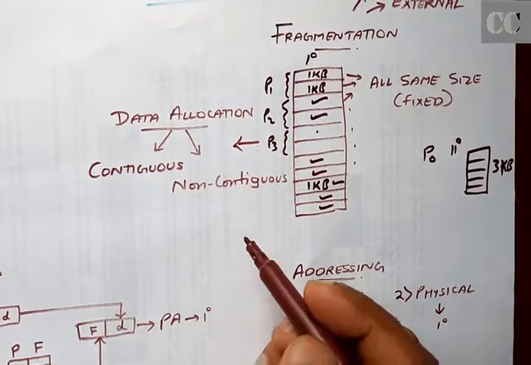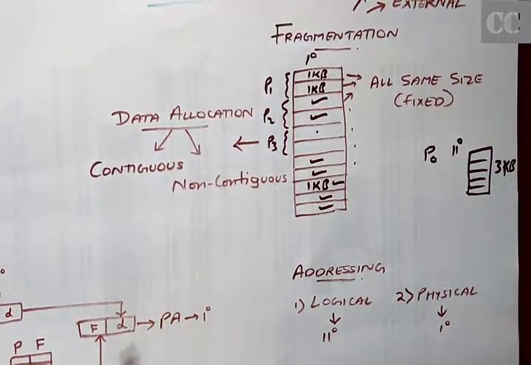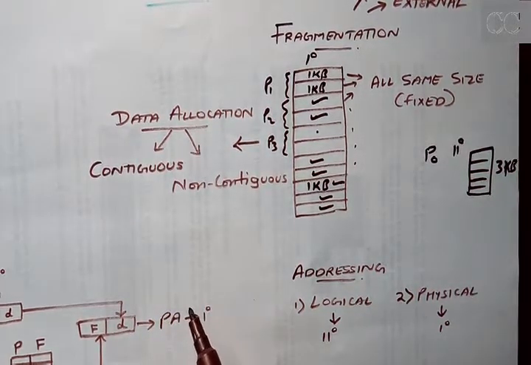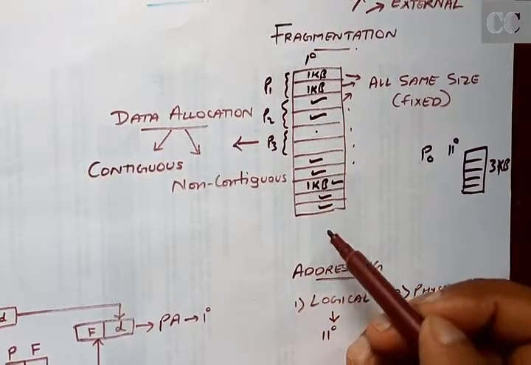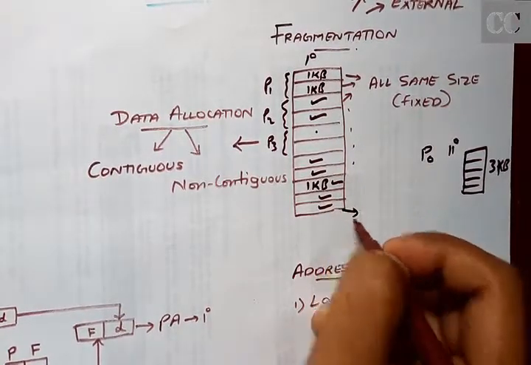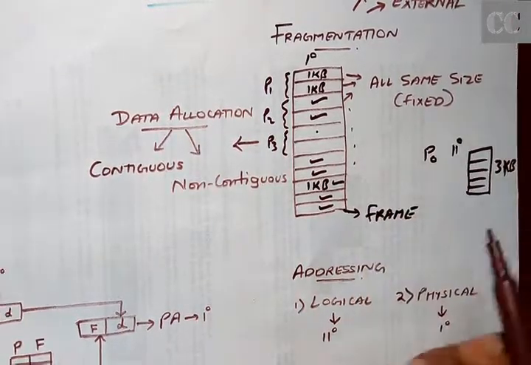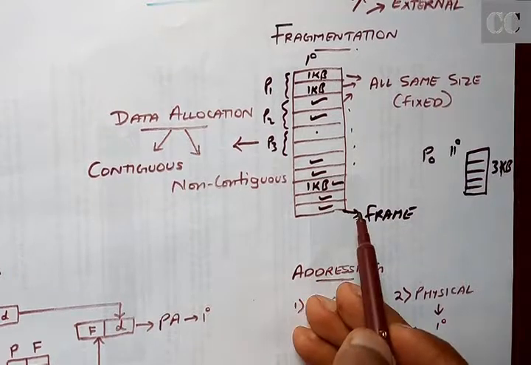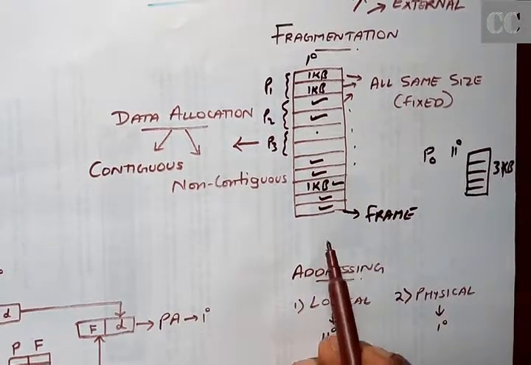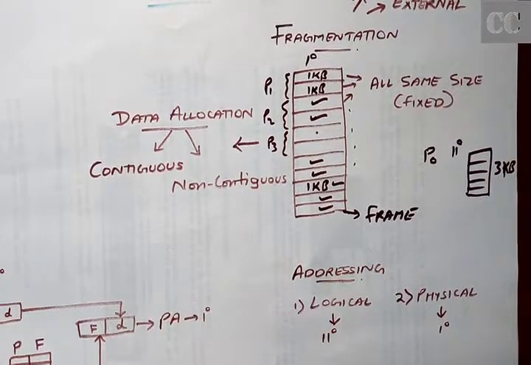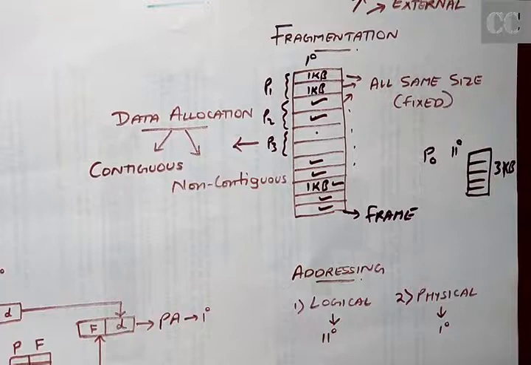This continuous and non-continuous allocation is implemented with the help of smaller sections or slots of memory, which are usually called frames. A frame is the smallest memory unit inside a RAM, which can hold a minimum amount of data from the secondary storage to be stored in the primary storage.